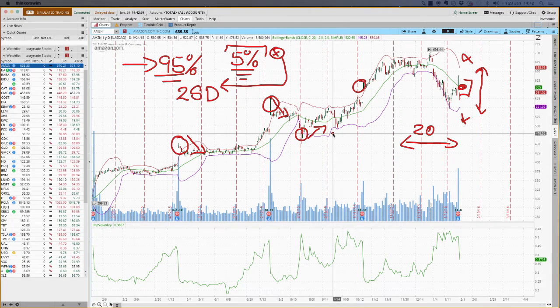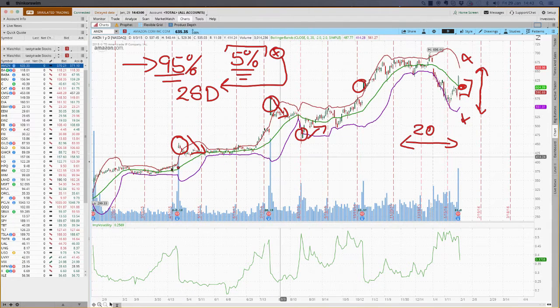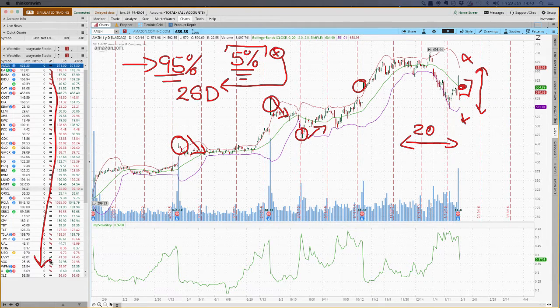So that's the philosophy. Now, as you can probably appreciate, if we've got this big list of symbols on the left-hand side here, there's a lot of stocks to potentially run through. What we don't want to fall into the trap of doing is checking every chart every day to see if there's one of these opportunities.